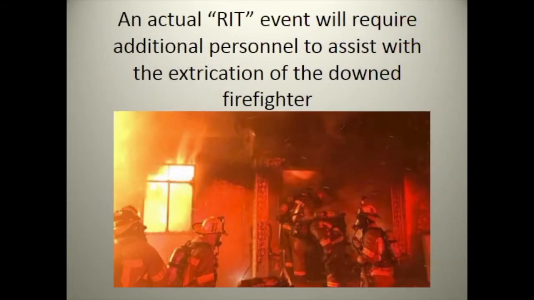Most likely, an actual RIT event will require additional personnel to assist with the extrication of the downed firefighter. If so, notify the RIT Group Commander as soon as possible so that the reflex time will be as short as possible.